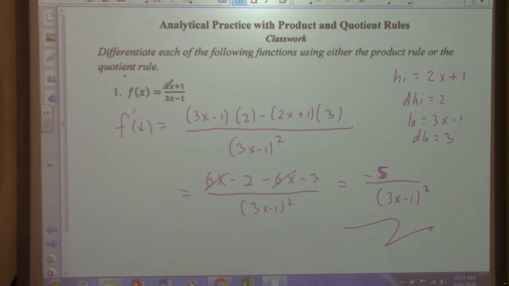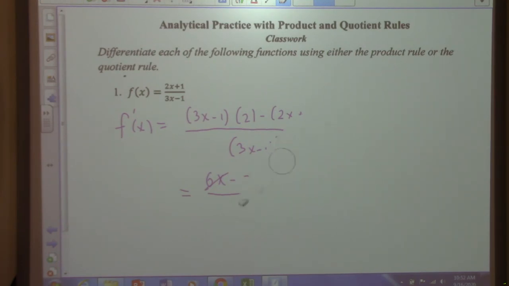Just look for a correct answer. Okay, and next, we have this one here.